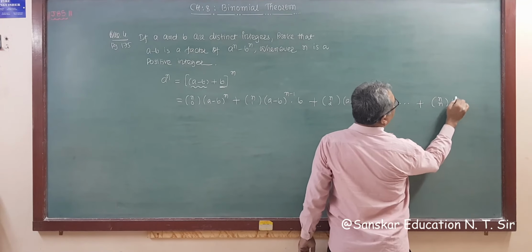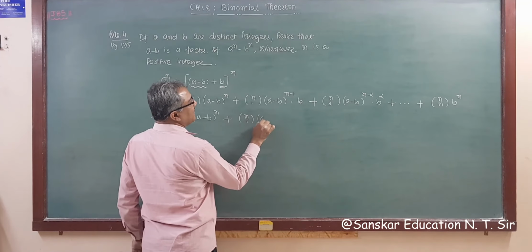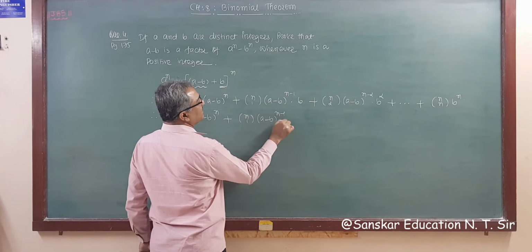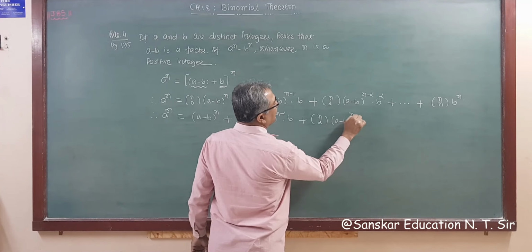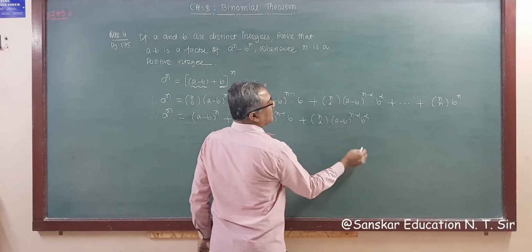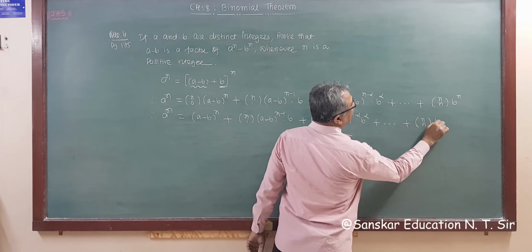So nc0 is 1, this is a minus b whole raised to n, plus nc1, a minus b raised to n minus 1 into b, plus nc2, a minus b raised to n minus 2 b square, plus dash dash dash, plus ncn b raised to n.